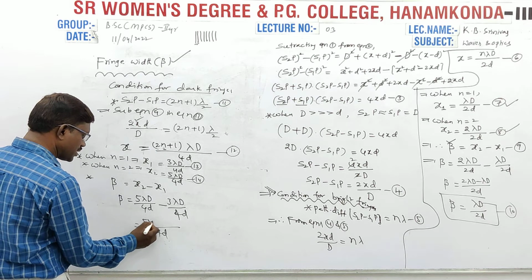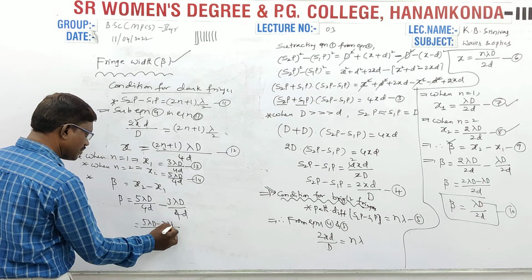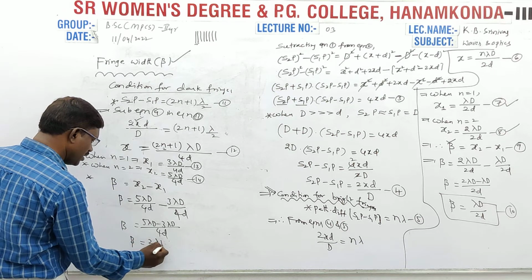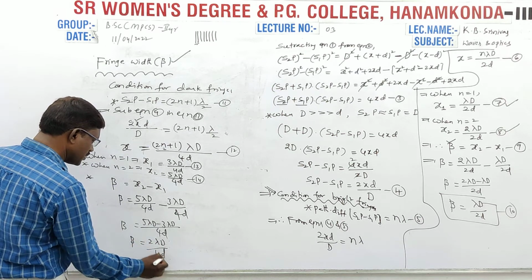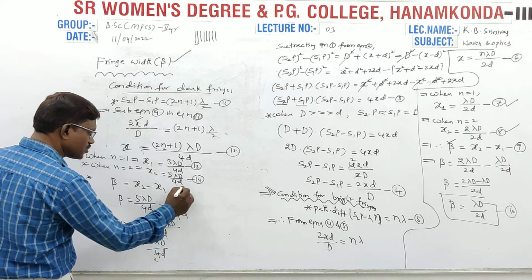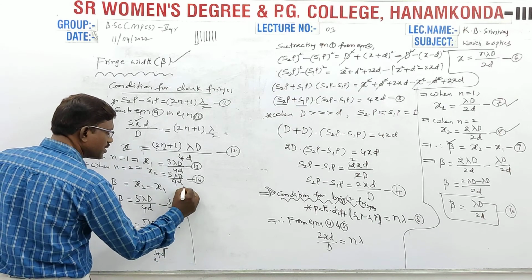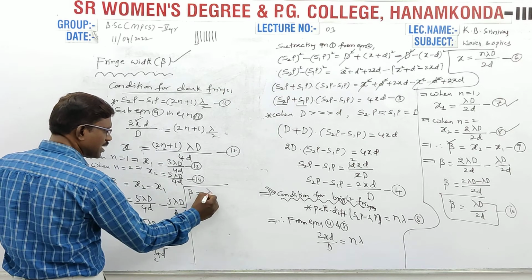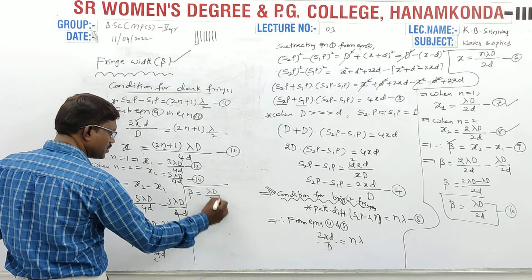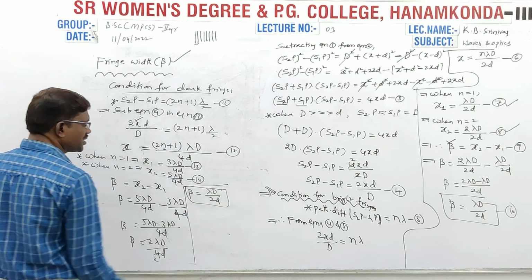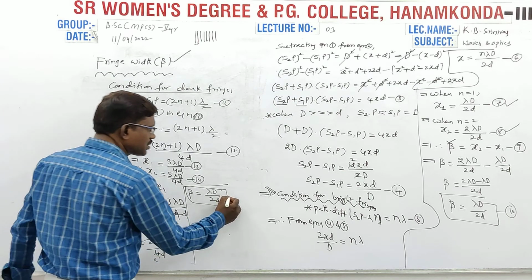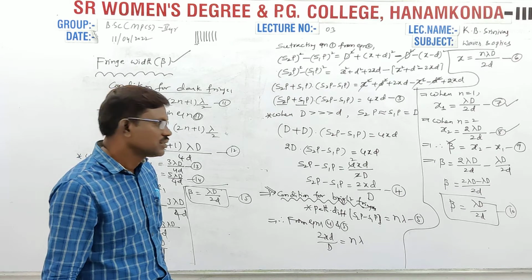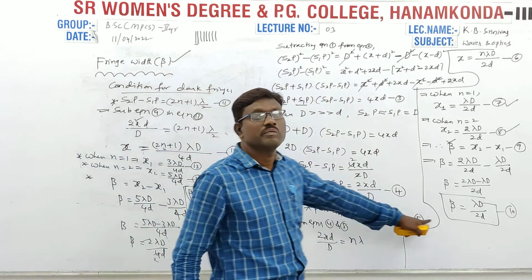So 5 lambda capital D minus 3 lambda capital D becomes how much? 2 lambda capital D by 4d. 2 ones are 2, 2 twos are 4. So the final expression for beta, that is beta is equal to how much? Lambda capital D by 2d. This is the expression for fringe width, but with respect to dark fringes. This is with respect to bright fringes.